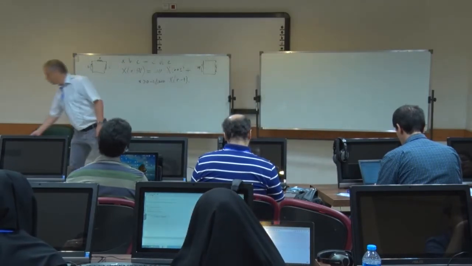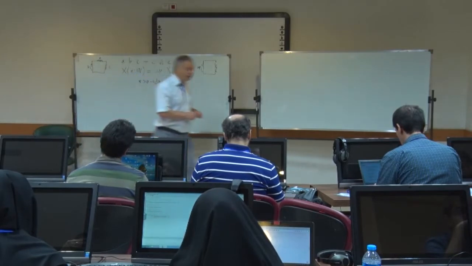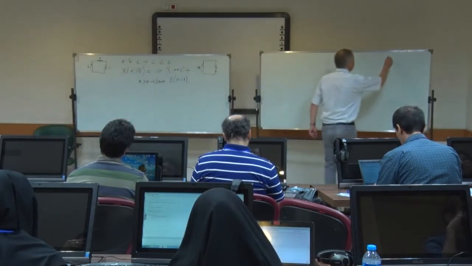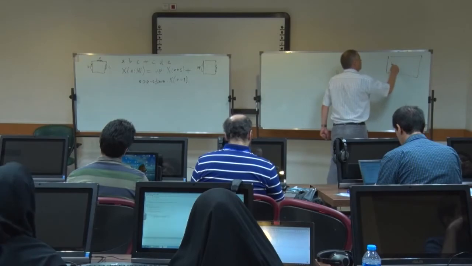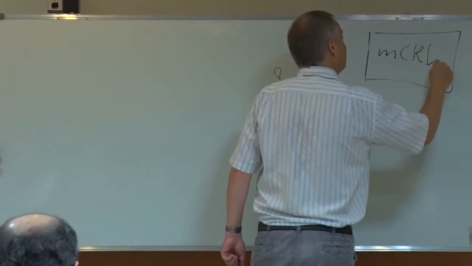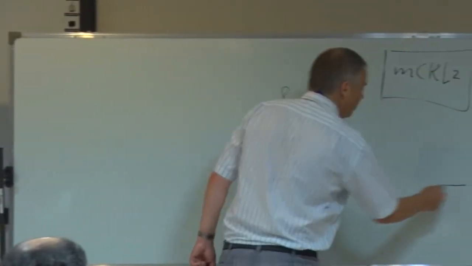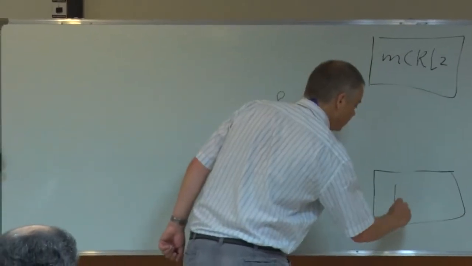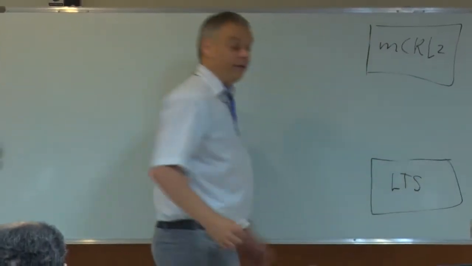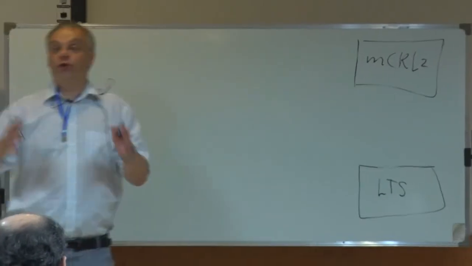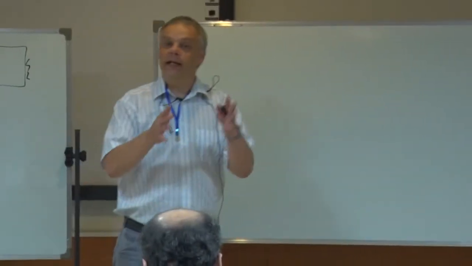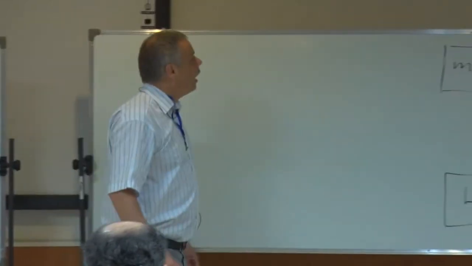What we also did see was the tool set, and the tool set, we started with a description in mCRL2, a description like this, and then we transformed that in label transition systems, and we could reduce these label transition systems so that we could really get insight in the label transition systems.